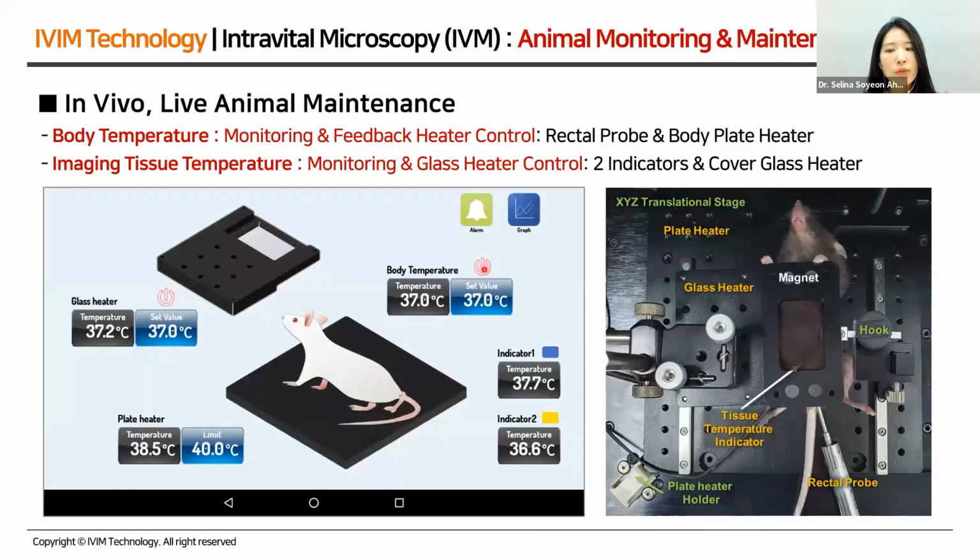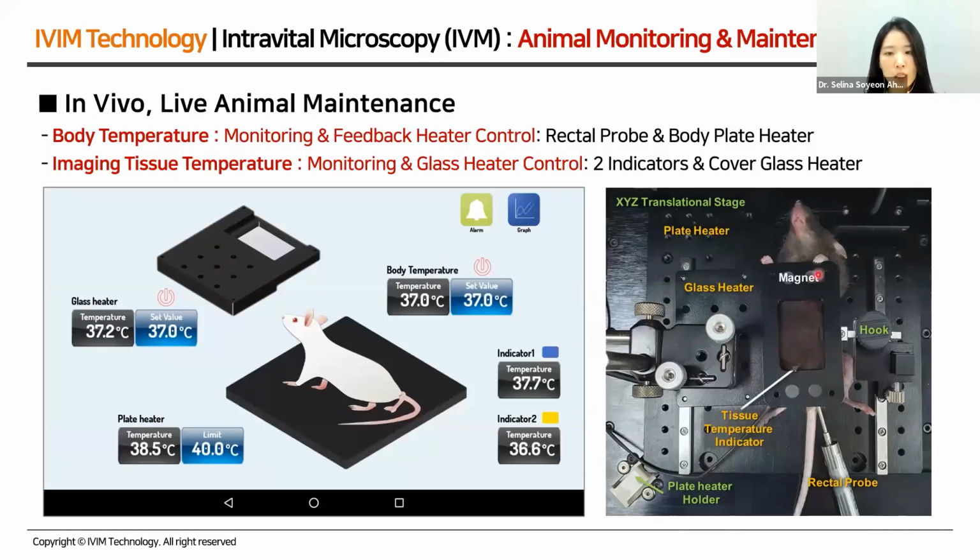And we are also providing various additional accessories for maintaining the healthy condition of the live animal model during in vivo experiments. So here we have the rectal probe sensor for the body core temperature, which has a feedback system with the heating plate at the bottom. It fully maintains a stable body temperature throughout the whole experiment.